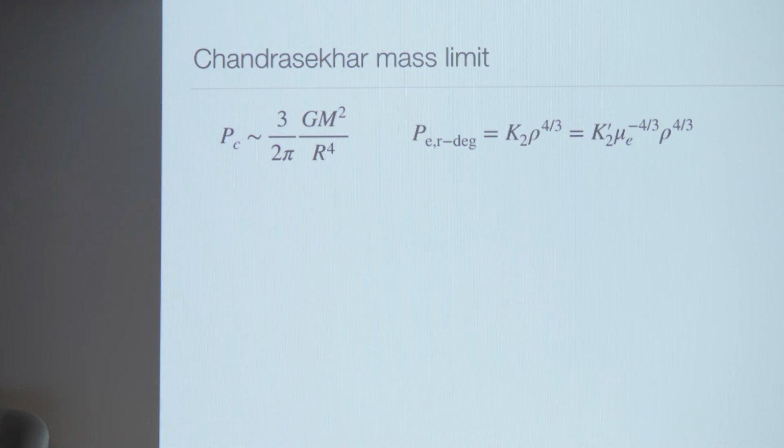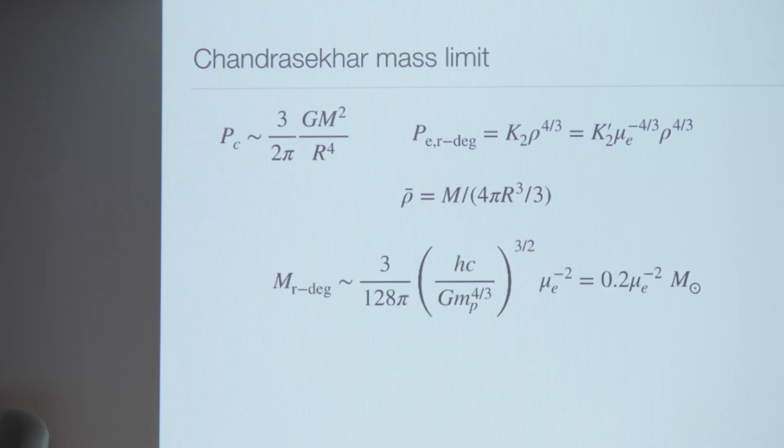So we can do the same exercise again, using this mean density. And then what we get, if we use this expression, is the constant mass for our star, which is supported by free relativistic electrons.